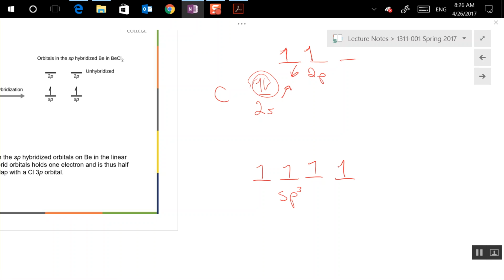So hybridization allows for the electrons to spread out so that they can bond now to more things. So carbon makes this type of bond very commonly, okay, which is an sp3 hybridized bond.